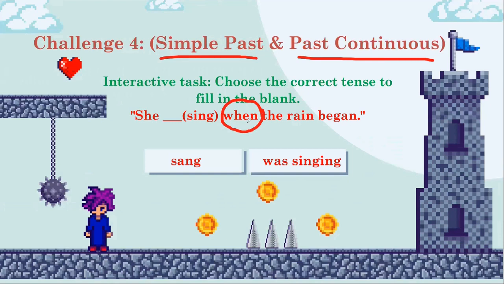And the tense which best captures this sentence is past continuous. And because she is third person singular, we have to use the verb to be, was, followed by the verb plus ing, singing.